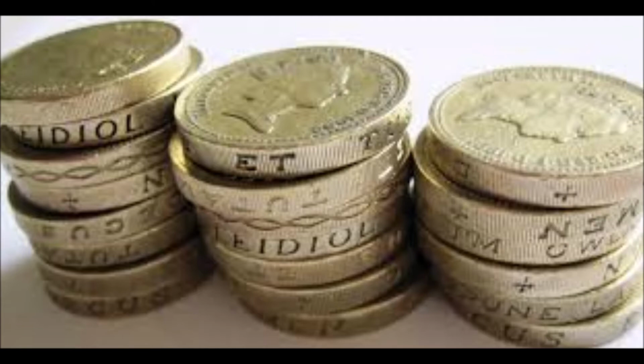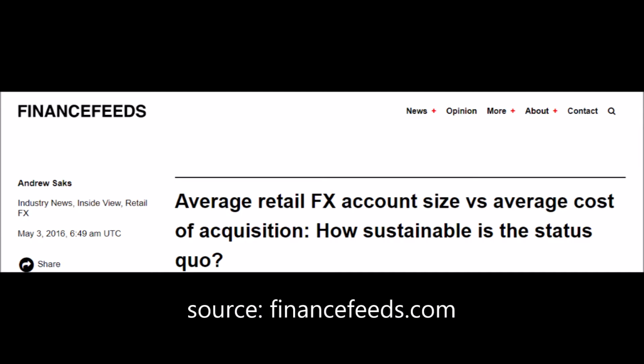So small traders have a relatively small amount of money to invest. They tend to be individual and retail traders, usually trading their own money for investment or income purposes. So a 2015 study of retail foreign exchange forex trading accounts showed that the average account size was about $6,600.